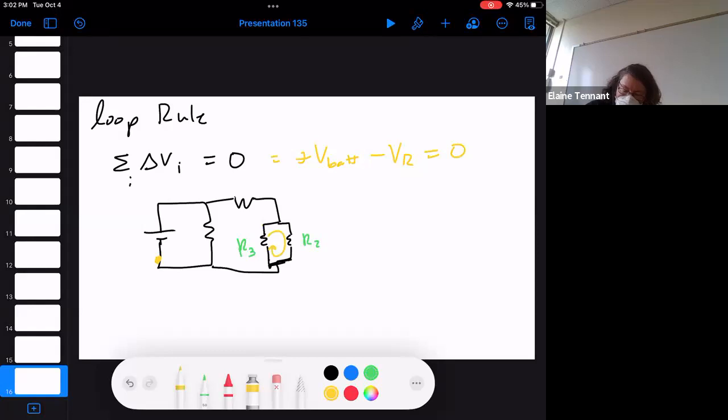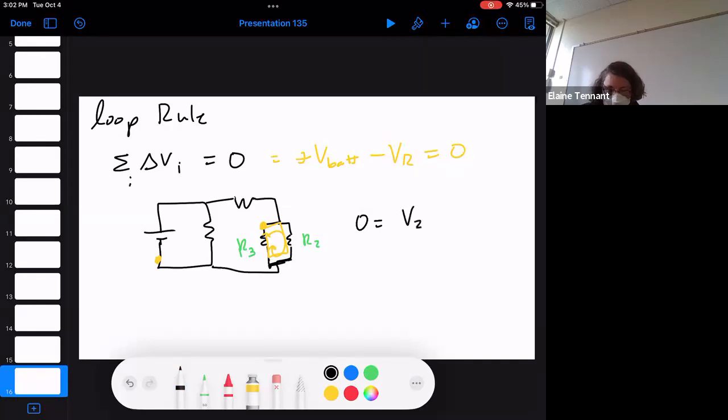Because if I start here, I have no idea what the voltage is going to be right there, but if I go around this loop, I need to be back at that same voltage. Does that make sense?